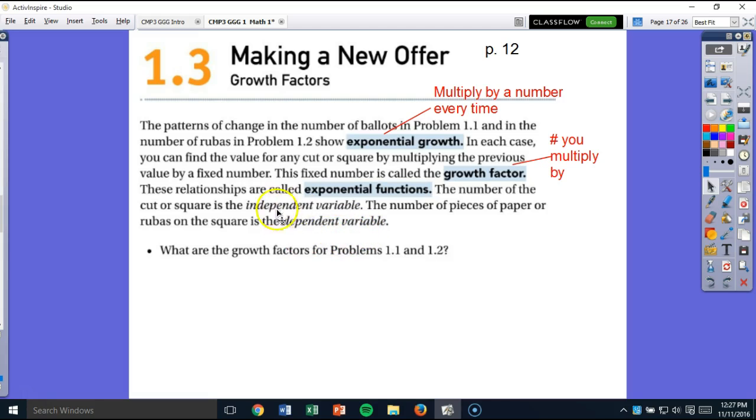It depends on what the independent variable is set as. So let's think back to 1.1 and 1.2. What were the growth factors for each of those? Well, it turned out that they were the same. They each had the same growth factor of 2. And hopefully that's what you found out in your exercises of 1.1 and 1.2.